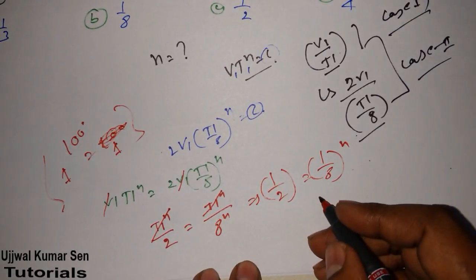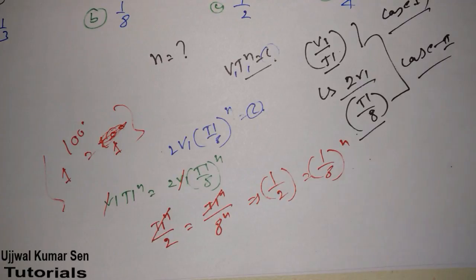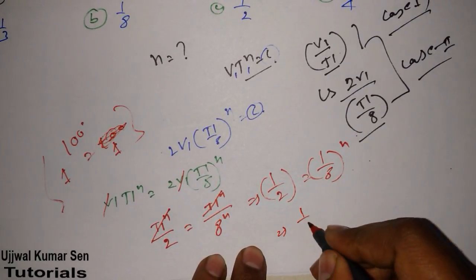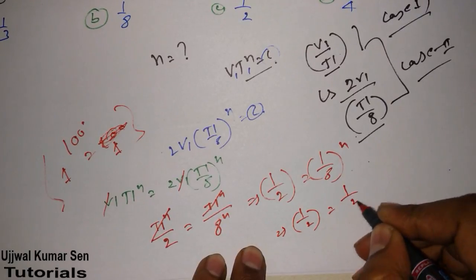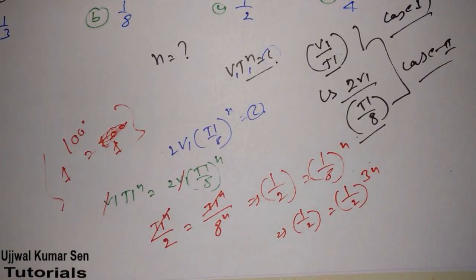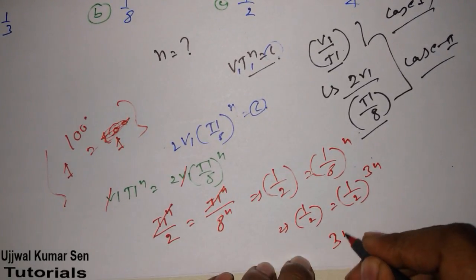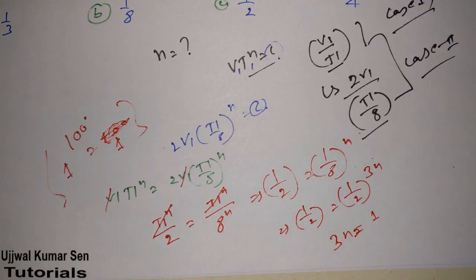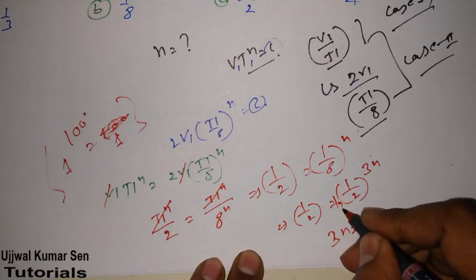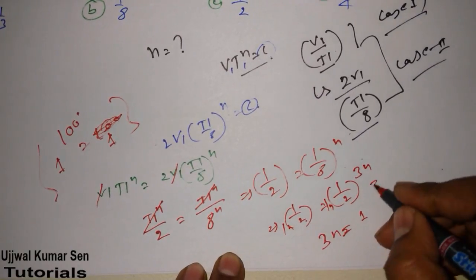Okay. So from this, what can we do basically? We can write this equation as 1 by 2 is equal to 1 by 2 to the power 3n. Right? So what we can say is 3n is equal to 1. By using the log formula we can do it also, right? Put the natural log. So what will happen?